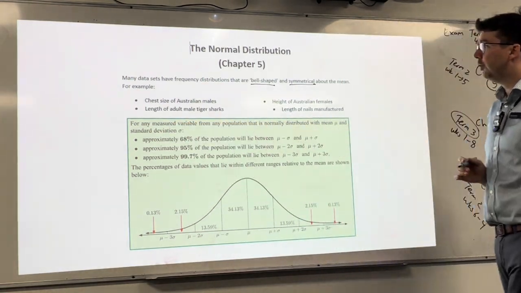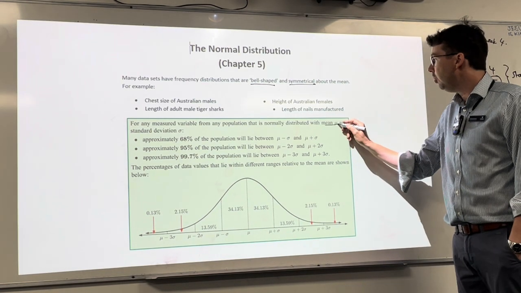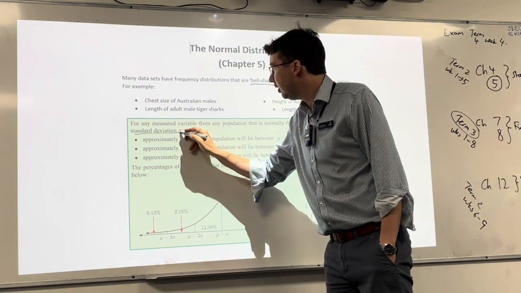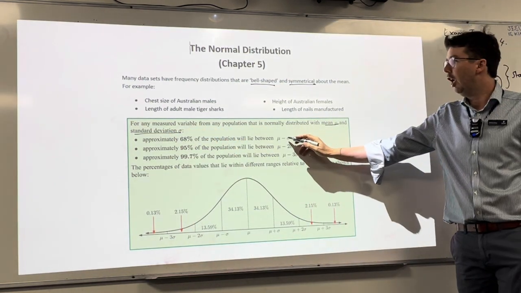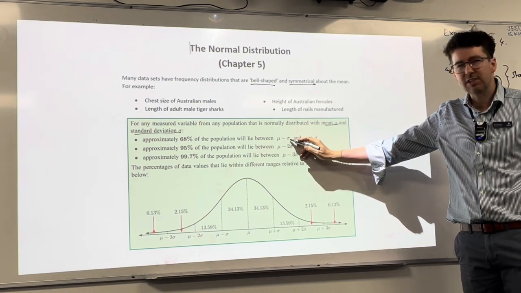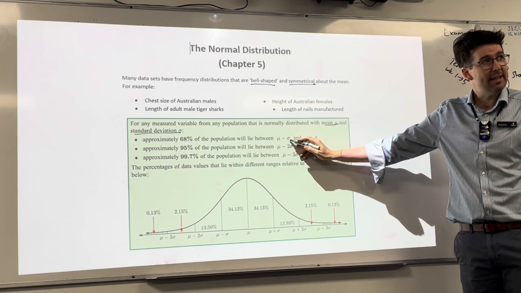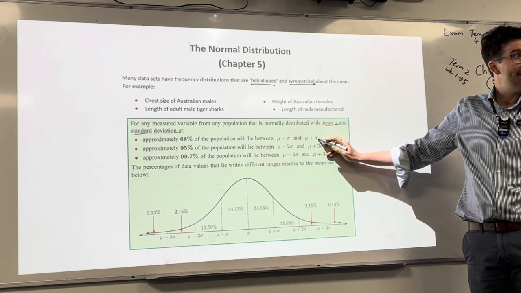here's our rule. For any measured variable from any population that's normally distributed with mean, mu, and standard deviation, sigma, 68% of the population will lie between, now what does this mean? Mean minus sigma, standard deviation, and mean plus standard deviation. So what does that mean?